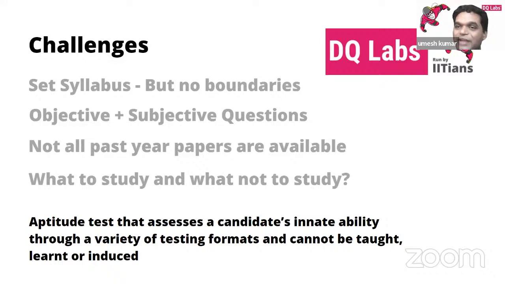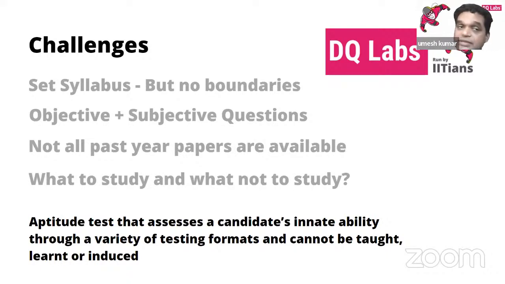There is no one right way a student can do it. Similarly, there is no one right way an examiner can judge it. The same question, the same answer, if evaluated by, let us say, 10 people, you get 10 different results. There could be minute differences in the results. So it is objective and subjective questions, and that makes it very complex.